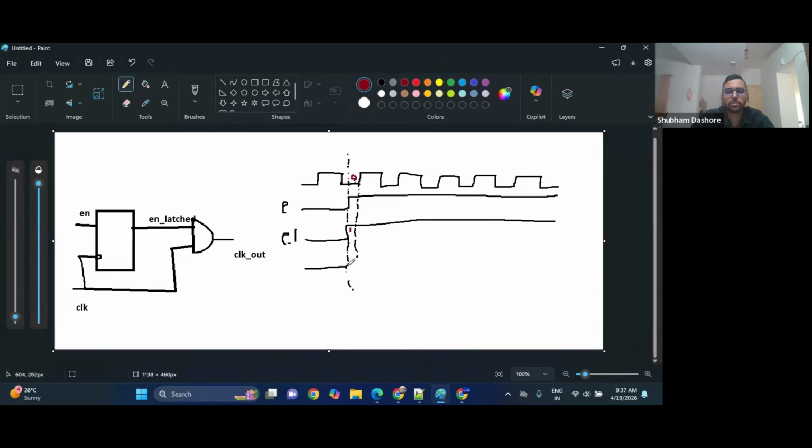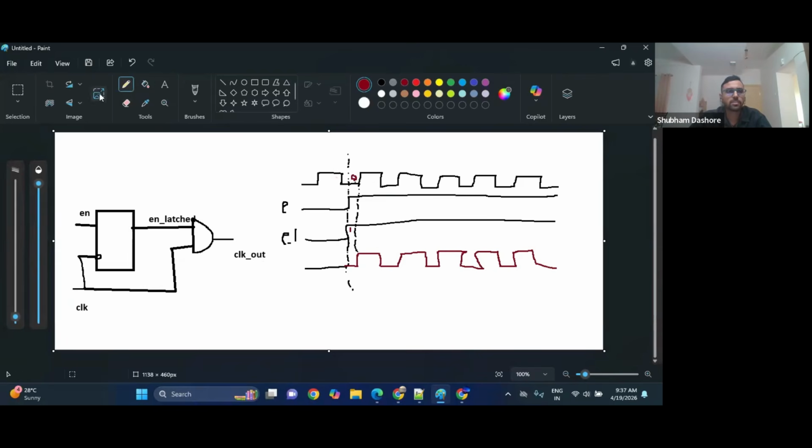So the output of the AND gate will be zero, and from here we get the clock. It is a glitch-free clock. Therefore we use clock gating with the ICG cell.